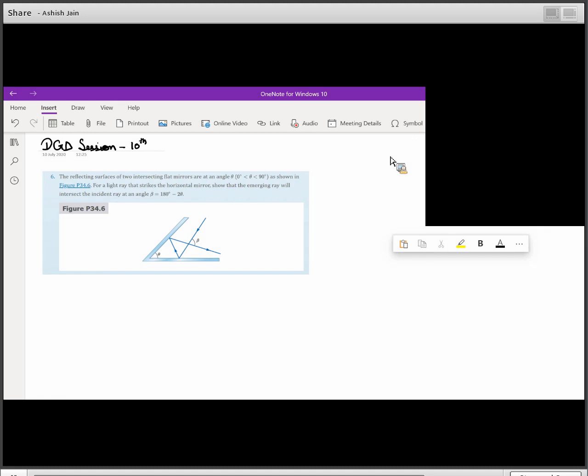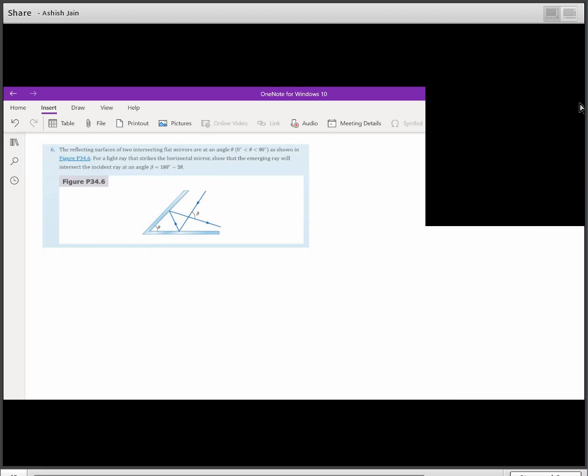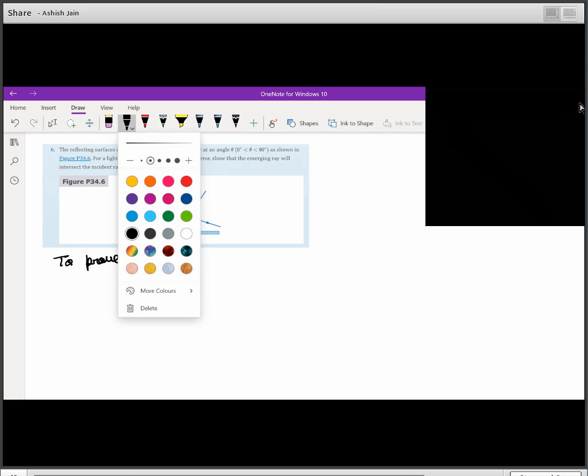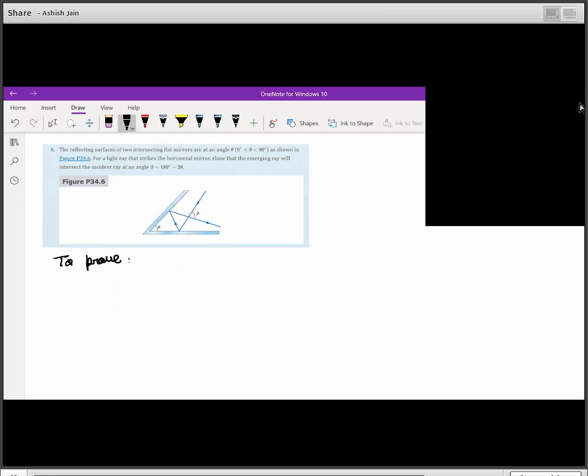For a light ray that strikes the horizontal mirror, show that the emerging ray will intersect the incident ray at an angle beta. So we have to prove beta is 180 degrees minus 2 theta. So let's look at the diagram here.